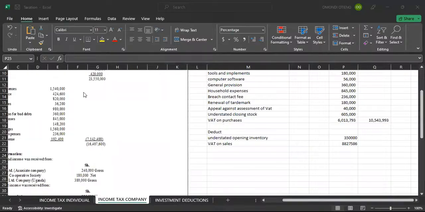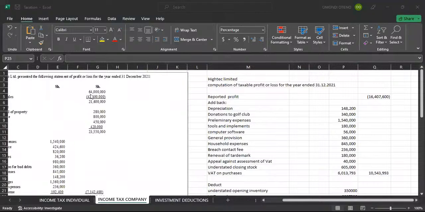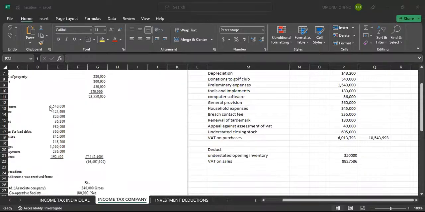Our sales up here has VAT, which means it is exaggerating, increasing our gross profit, so we have to remove it. Purchases, which is an allowable expense, was placed there as an expense, so it was reducing our taxable income.